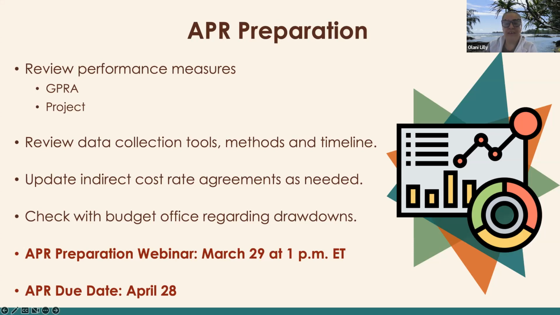Also, take time to review your data collection tools and methods around the data that you're collecting. Even though you may not have a complete set of data, are your tools and methods collecting the information that you need to report your GPRA and project measures?